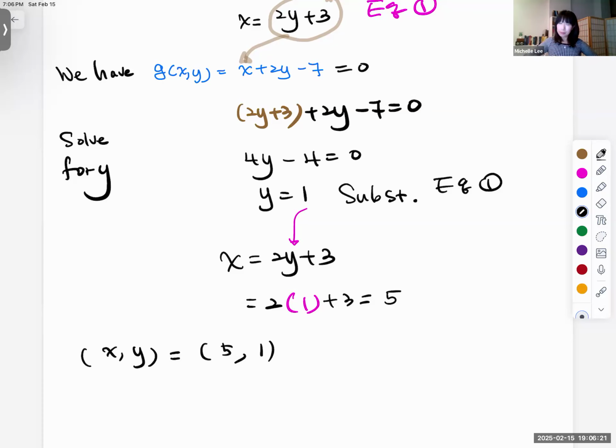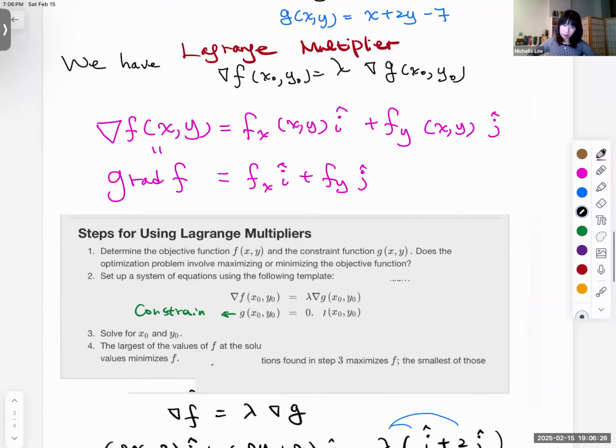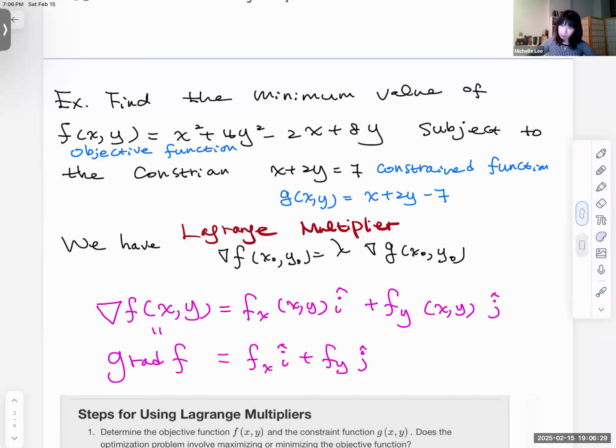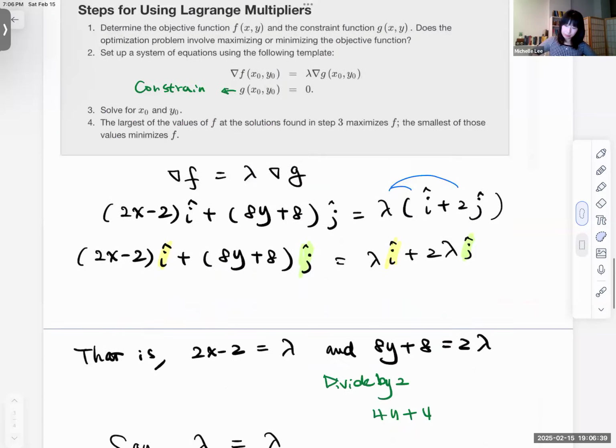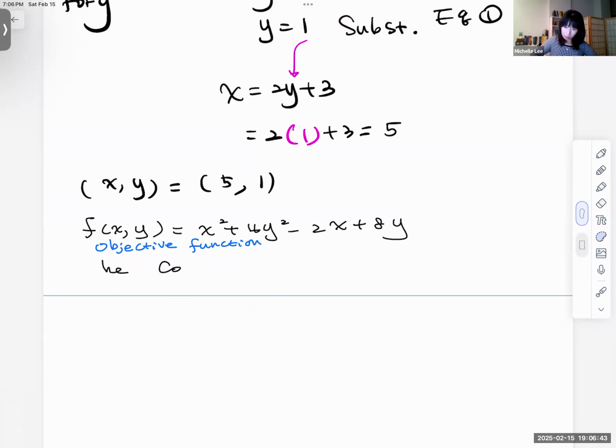So since we have the objective function, we can just substitute when x equal to 5 and y equal to 1.